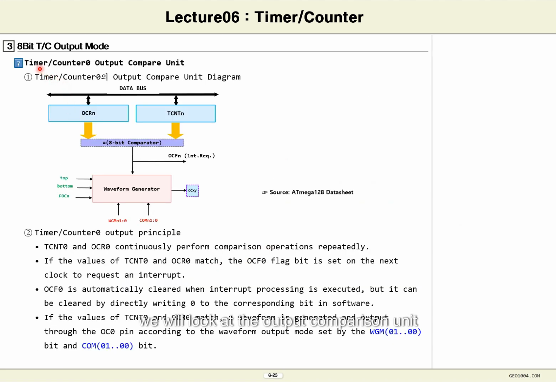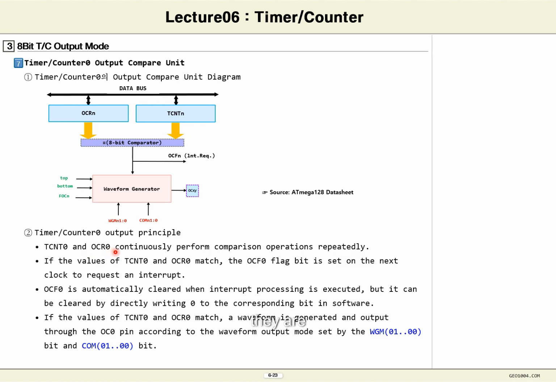This time, we will look at the output compare unit of timer counter 0. The device diagram is as follows. Looking at the main output principle, output can be generated by continuously comparing TCNT0 and OCR0.